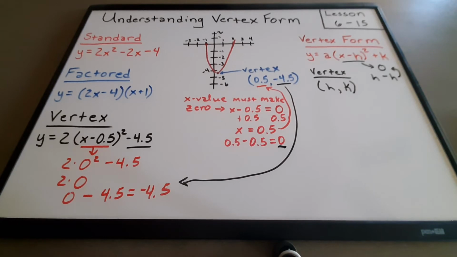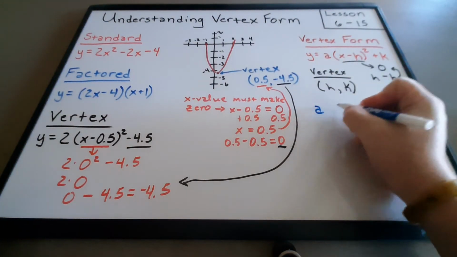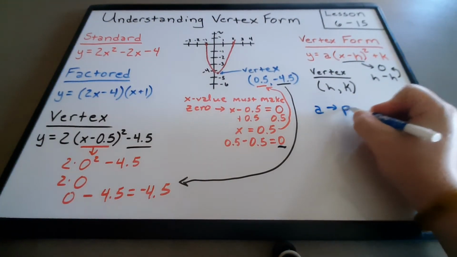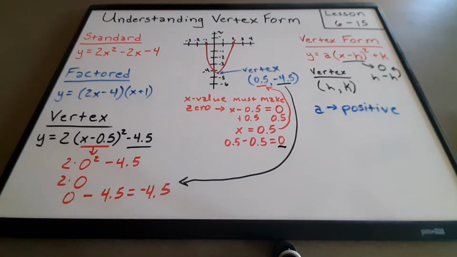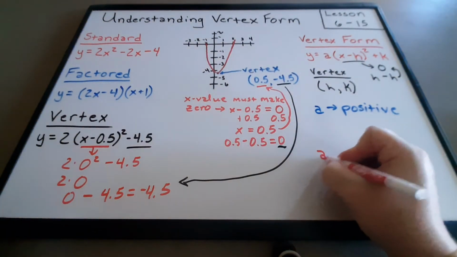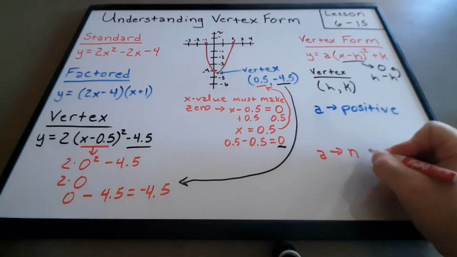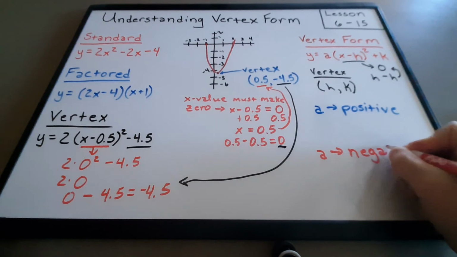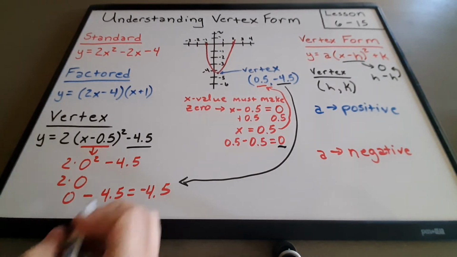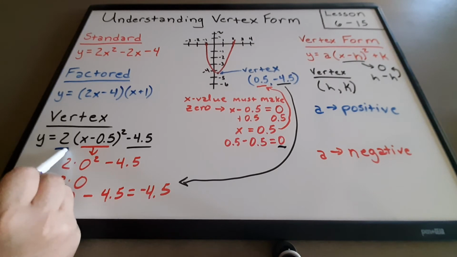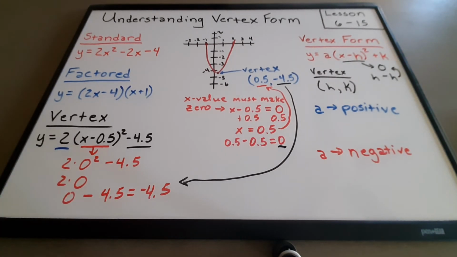Okay, our last thing here is the a value. And a can be positive or it can be negative. And each one tells us a little bit different thing. So we want to look at each. So here we have an a value that's positive, being positive 2. Okay, so that's what we want to focus on, is that positive 2. And if we look at our graph, we're going to see what this tells us.